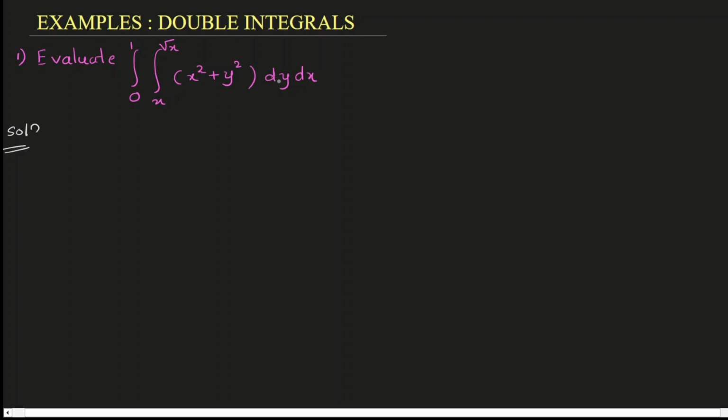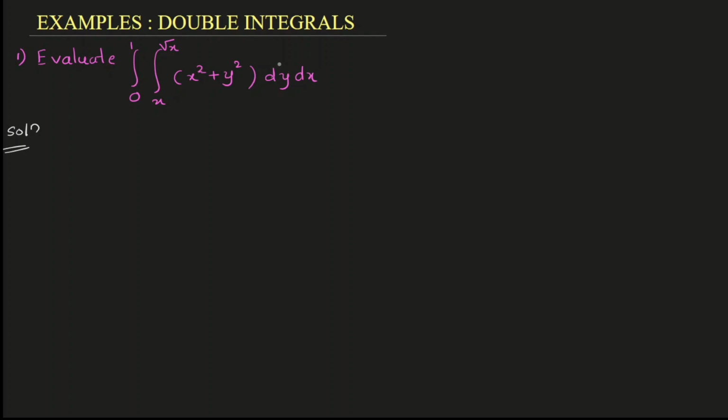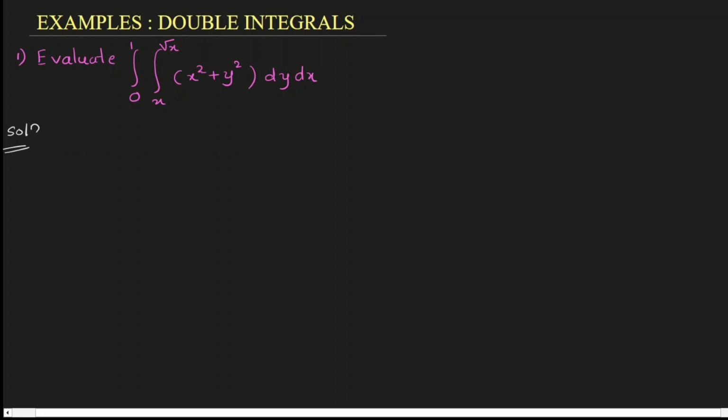Depending upon these dy and dx, since first we have dy, this integral is with respect to y, and dx means this outer integral is with respect to x. So first we'll integrate with respect to y.